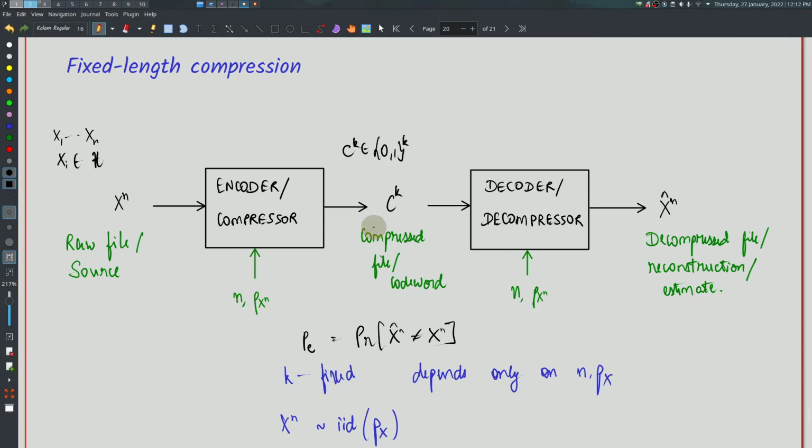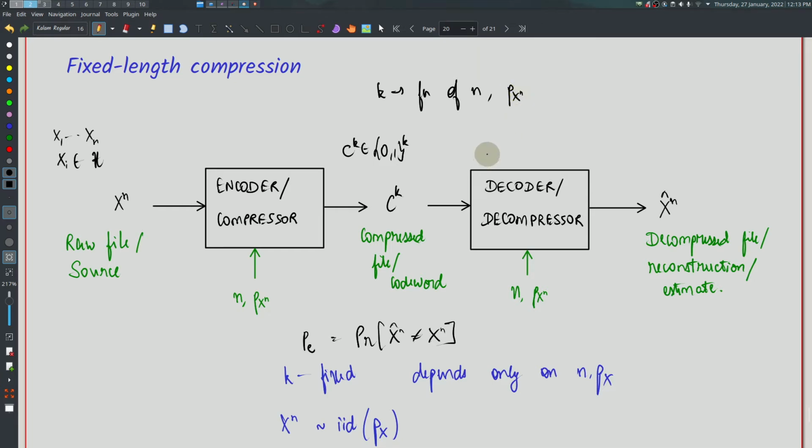Okay, and now k is going to remain fixed. So k is a function of n. Obviously, if n increases, then k should also increase, and we'll also allow it to depend on the distribution Pxn.